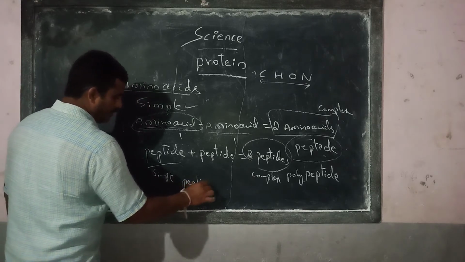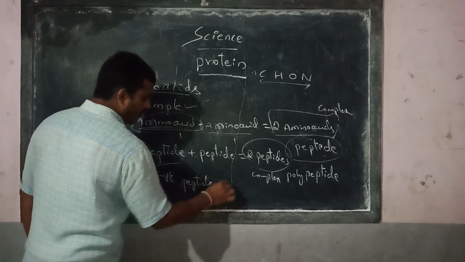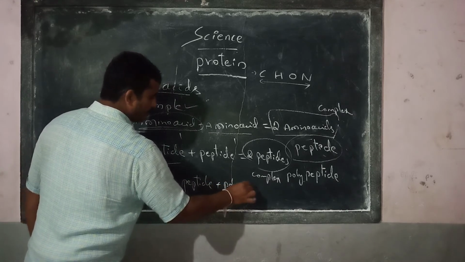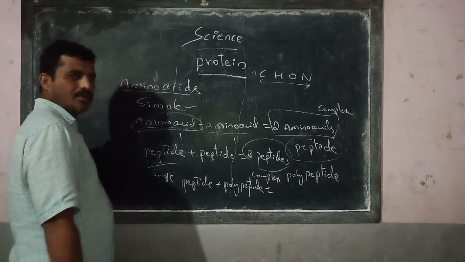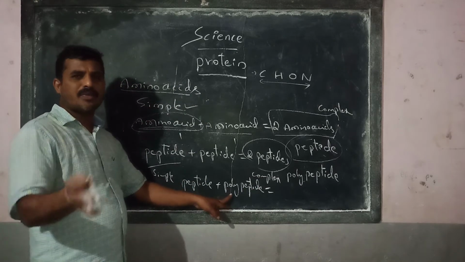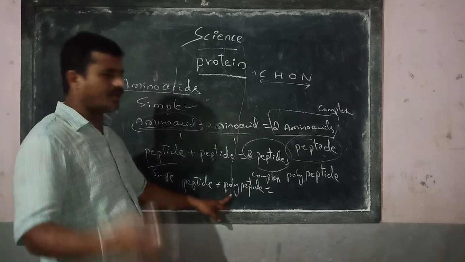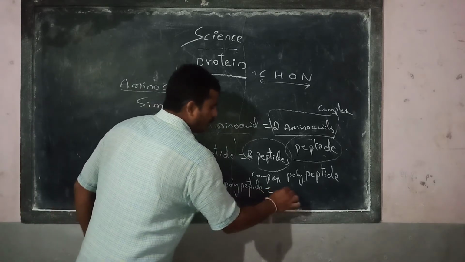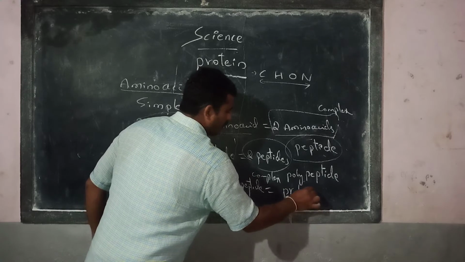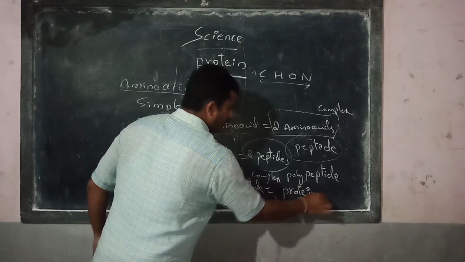Peptide plus amino acid gives a polypeptide. Polypeptide means two or more, many will be there: 3, 4, 5, 6, 7. Many peptides are forming here. Then it is said to be a protein.